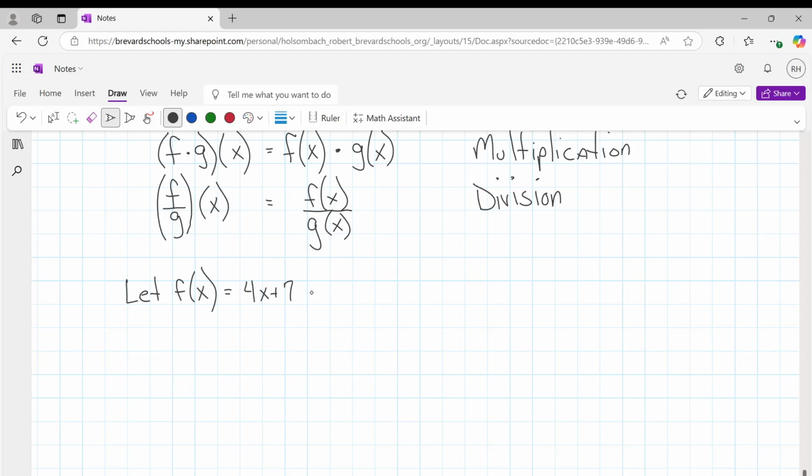And g of x, that's equal to the square root of x plus x. And you're going to be asked to do a couple of different operations. So first one being f plus g of x.